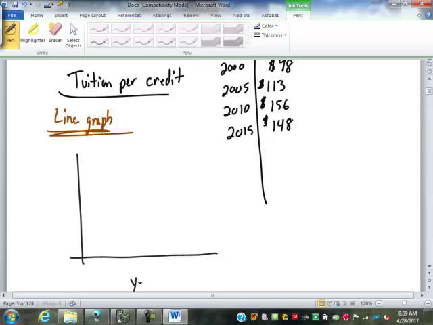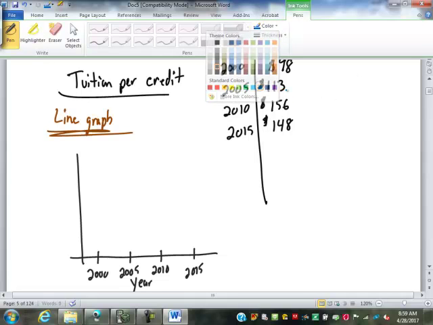So down here is going to be the year. And we'll put this here as year 2000, 2005, 2010, and 2015. Up the side, we have to make sure we cover the range up to the highest number.